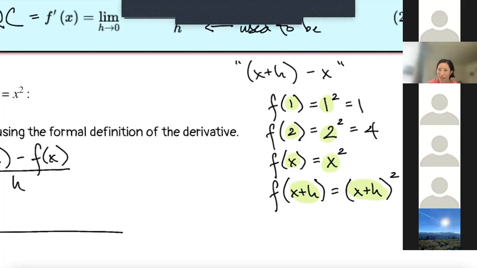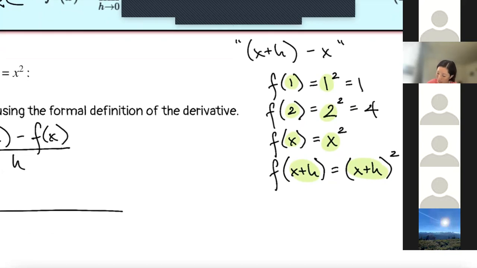Now, I really appreciate that we are already expanding this. Is this correct? x plus h squared equals x squared plus h squared. True or false? Okay. I love how emphatically we are saying no, right? This is probably the number one mistake. I know we know how to FOIL, but sometimes in the midst of a larger problem, we just forget, okay?